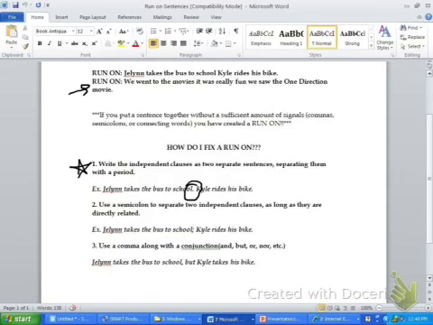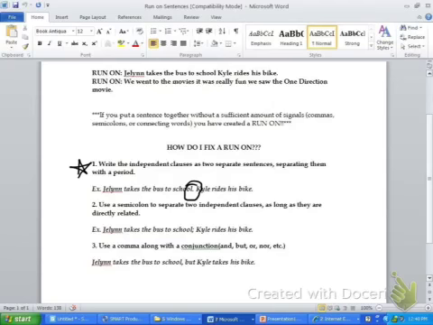We would put a period here. We went to the movies. Make this a capital I, because that's our second idea. It was really fun. And then we have our third idea: we saw the One Direction movie. So that's one way you can fix it, by putting a period between the ideas.